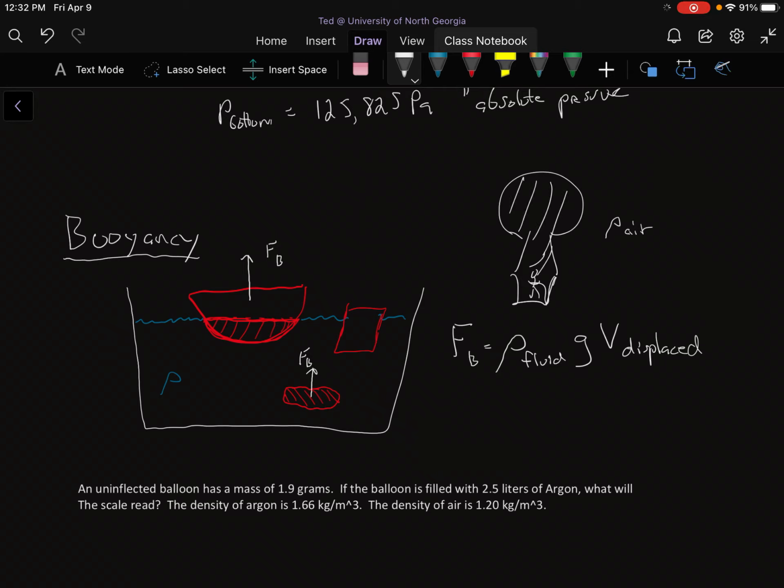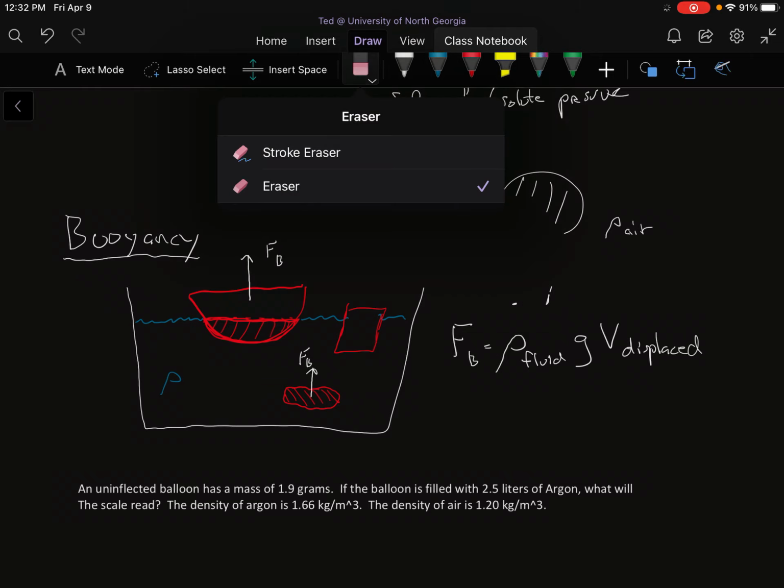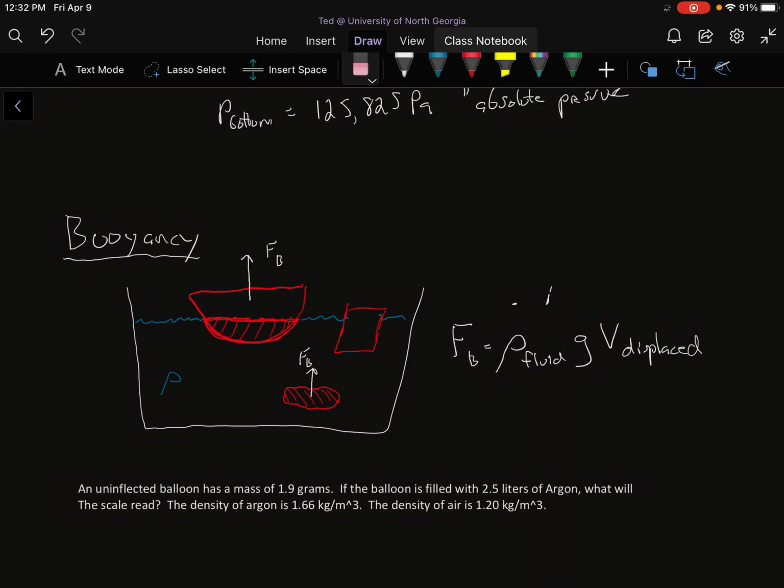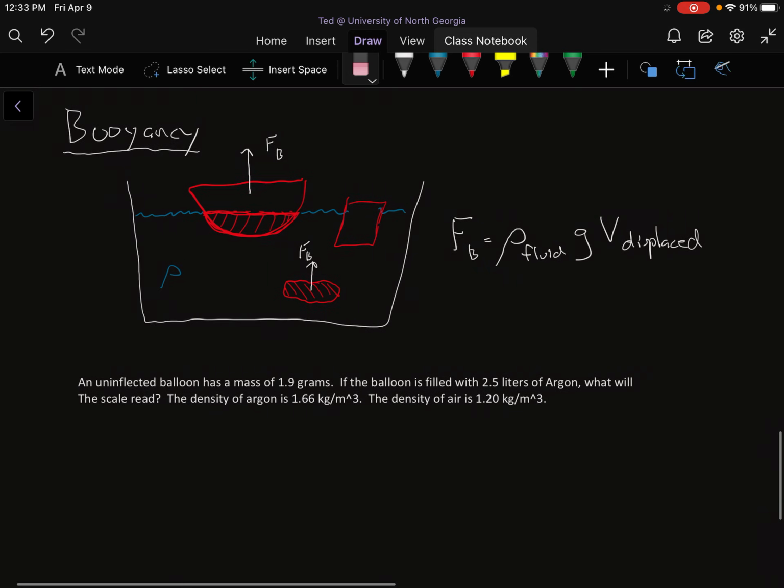Of course, there's also gravity pulling down on the balloon, but as long as the buoyant force is bigger than gravity, that balloon will accelerate upwards. And if the buoyant force is exactly equal to gravity, then the balloon can float. So, that is the idea of buoyancy, and I want to go ahead and give an example.